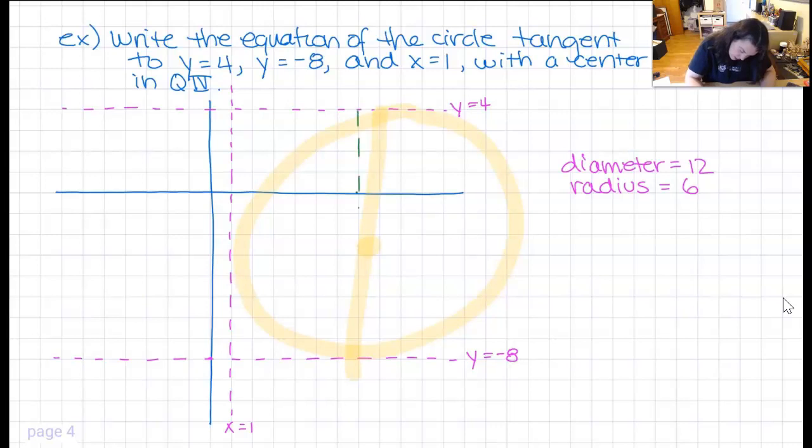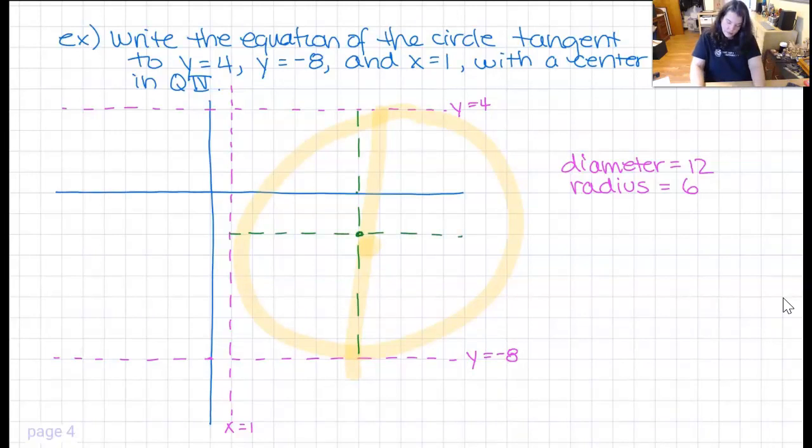I'm going to have to be somewhere here. There's a very loose circle there, that highlighted one. And then halfway between 4 and -8, that's going to be 6 units. That's going to be right there. Right there is my center. So the coordinates for the center are at 7, -2.